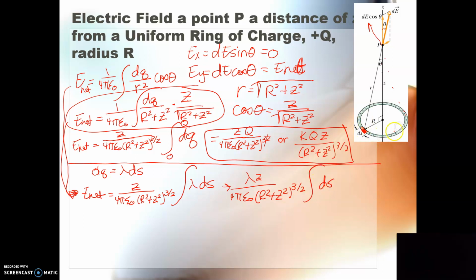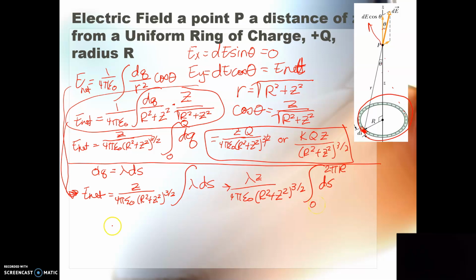Our limits, since we have a full circle here, our limits are going to be from 0 to the circumference of the disk, which is going to be 2 pi times the radius. Once again, the integral of ds is just s. We're going from 0 to 2 pi r.